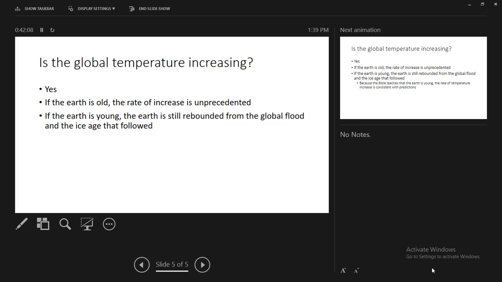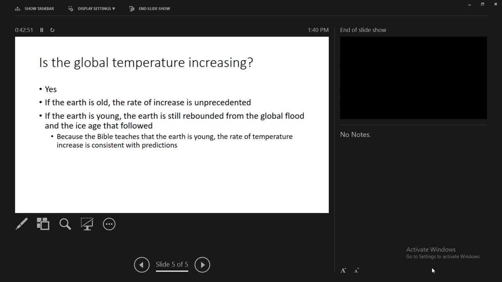If the Earth is young, the Earth is still rebounding from the global flood and the ice age that followed shortly after. Make sense?